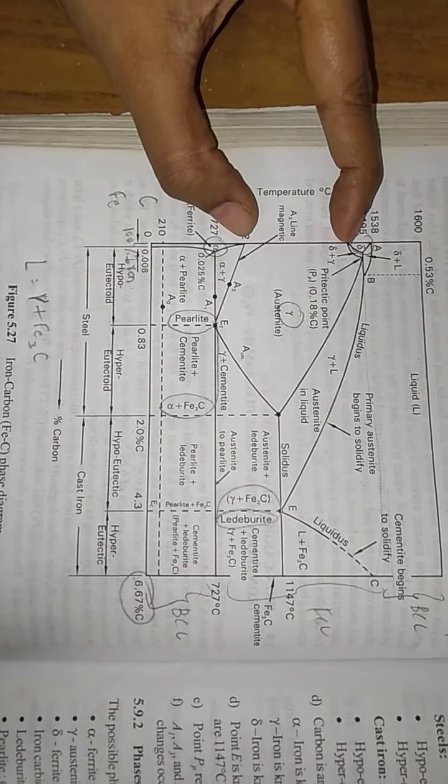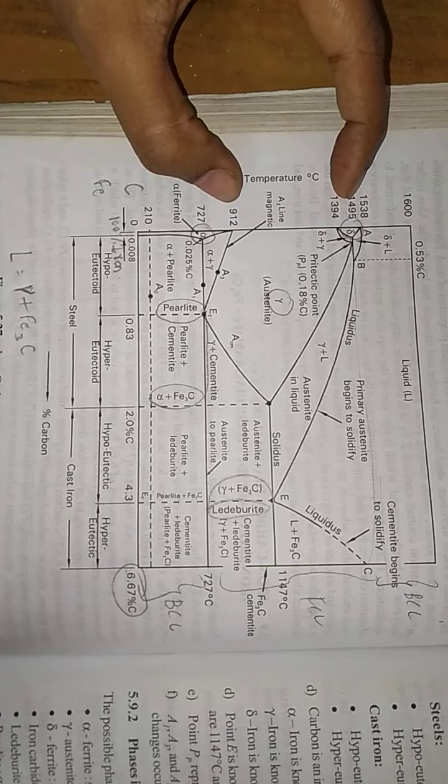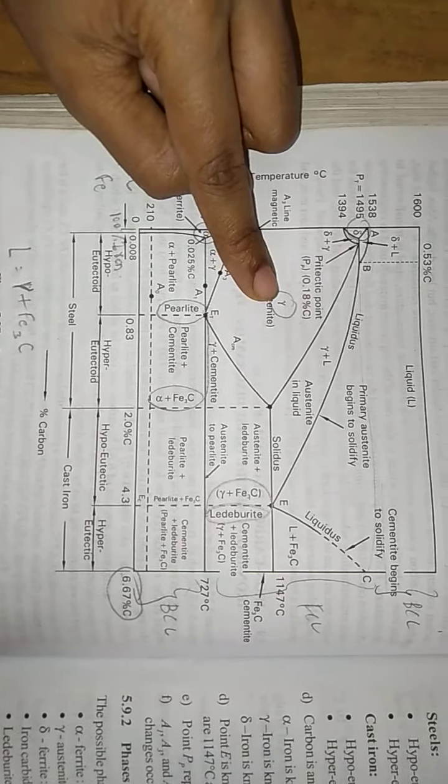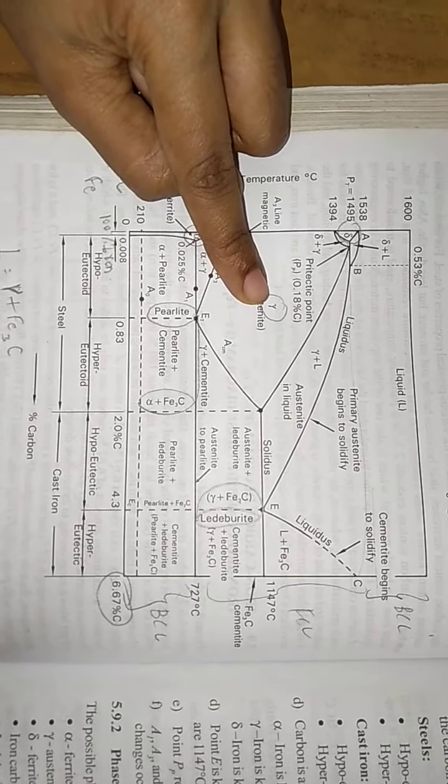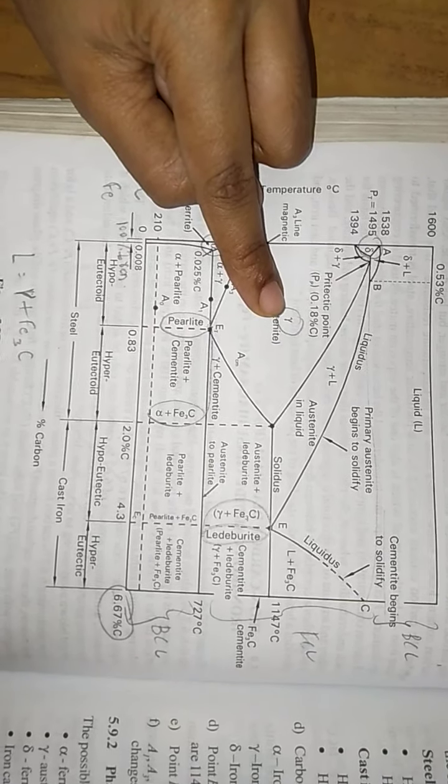Okay. Between 912 to 1394 degrees Celsius, you have the gamma iron or the austenite phase. This phase has 2.14 percentages of carbon and the remaining percentage is iron.